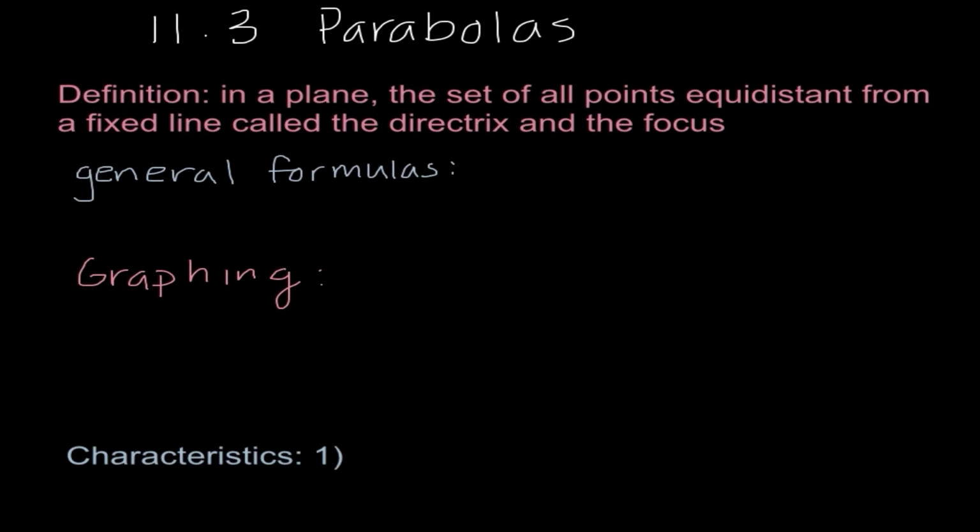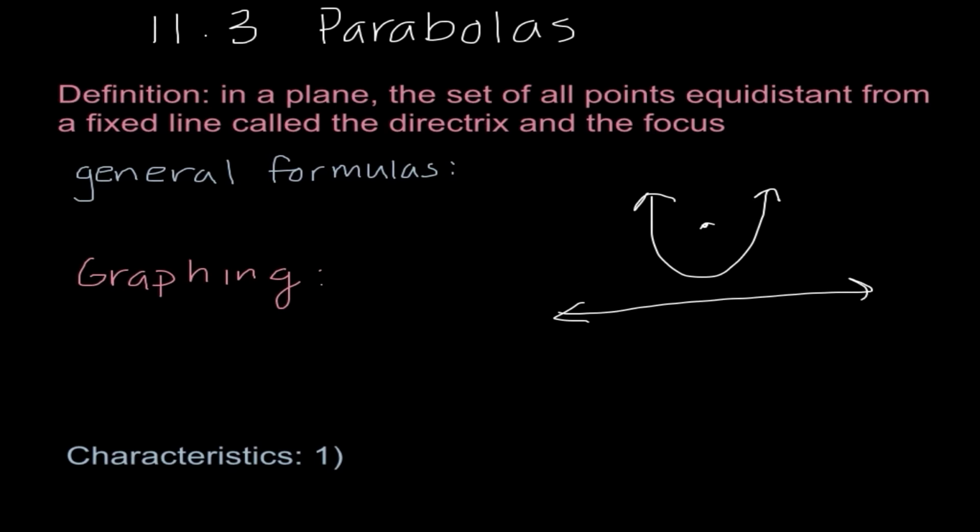Our definition of a parabola is, in a plane, the set of all points equidistant, which, yes, means equal distances, from a fixed line called the directrix and the focus. If I'm drawing out what this would look like, here's my parabola. We have this line called the directrix, and we have a focus inside, and clearly mine is not to scale.